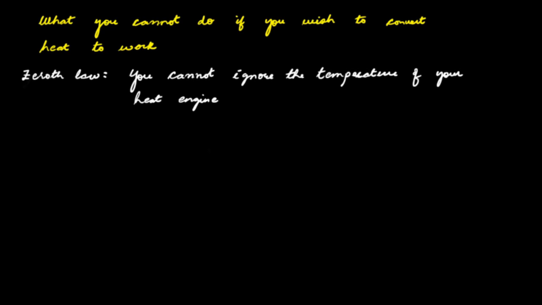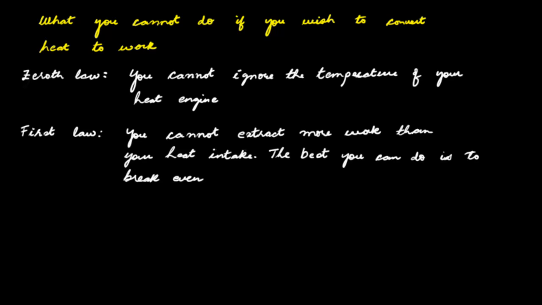the first rule, that is the zeroth law, is that you cannot ignore the temperature of your heat engine if you wish to convert heat to work. Then the first law says you cannot extract more work than your heat intake. The best you can do is to break even. That is, the maximum amount of work that a heat engine can deliver is equal to the heat intake of the heat engine, and that is what the first law says.